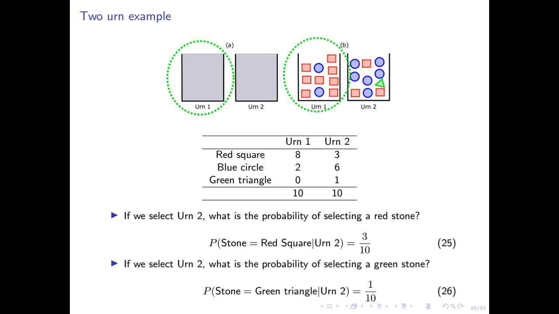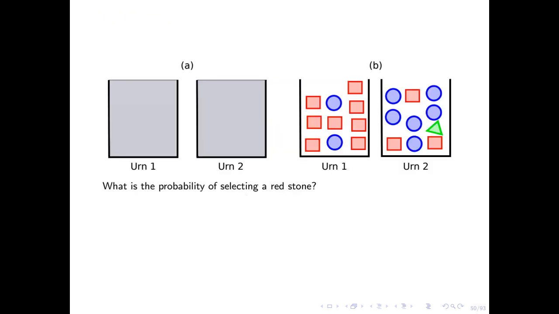So it's 3 over 10. For the green stone, it's 1 over 10. It's very unlikely. We only have 1 green stone in urn 2, so it's not probable.